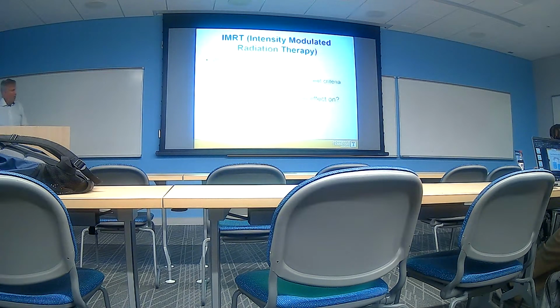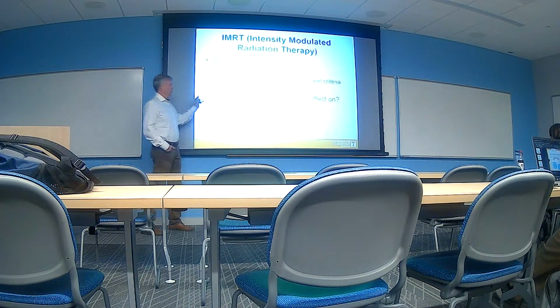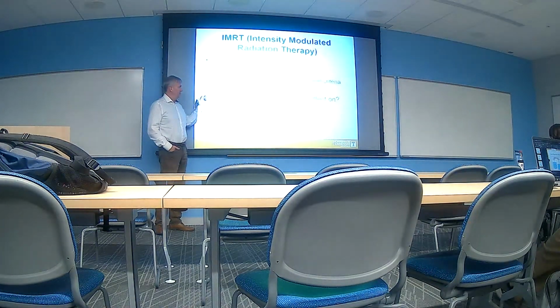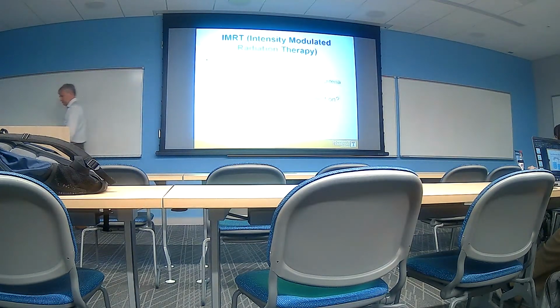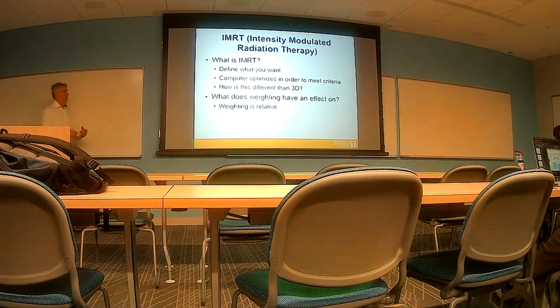So what we talk about is you define what you want, and the computer optimizes in order to meet the criteria. And we just talked about how that is different from 3D. Now you're all experts on that. And how does weighting affect it? Is weighting even relevant to IMRT? Remember we talked about beams for 3D, like crossing maybe 30, 30, 20, 20 on the femoral heads, or maybe 25 all the way around. If you're doing a five field IMRT, do you weight each beam?